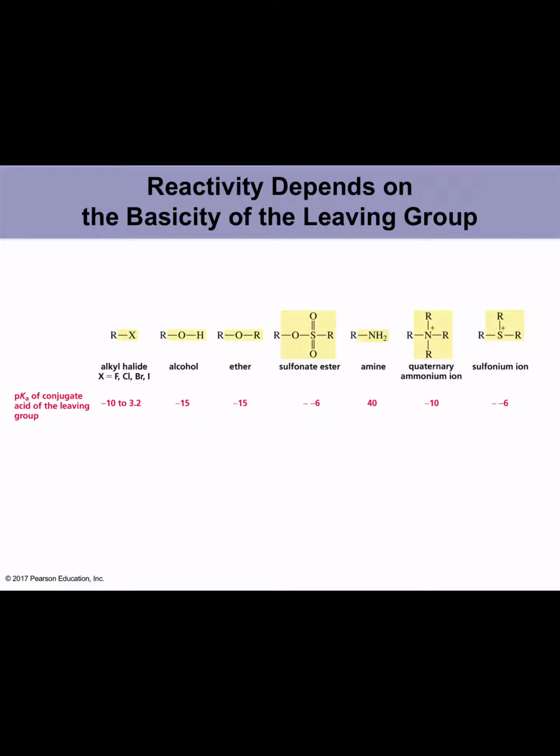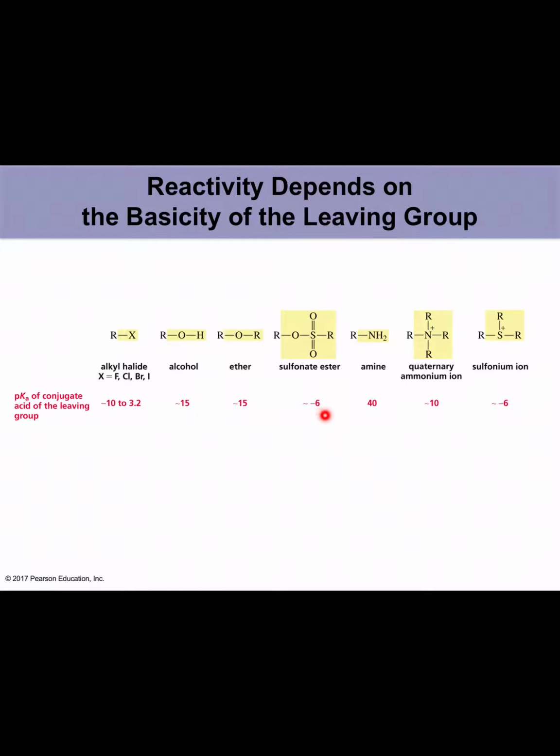And their reactivity depends on the basicity of the leaving group. See, these are the pKa values of these leaving groups. Alkyl halides, the halides being fluorides, chlorides, bromides, iodides, are negative 10 to 3.2. Alcohols negative 15. Ethers negative 15.